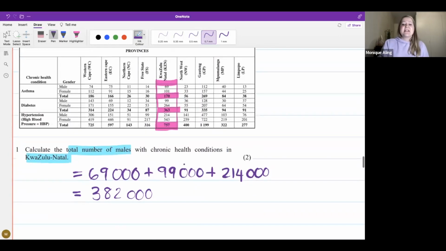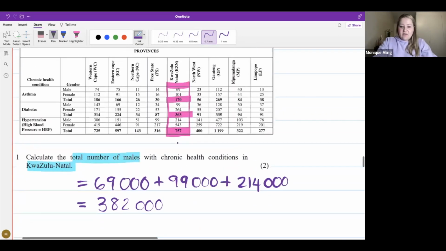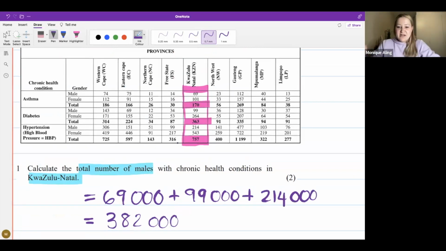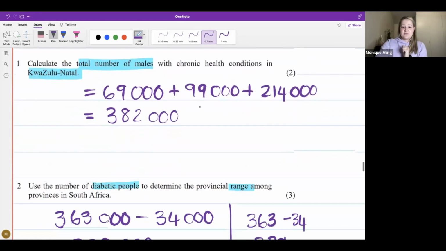Go back, sorry, it is maybe hard to keep up with the scrolling up and down. Diabetes females, there are 264. So remember when we work out probability, we always put it in a fraction first. Okay, so we always take what we're looking for over our total. So what we're looking for is females with diabetes. So the 264 over our total.